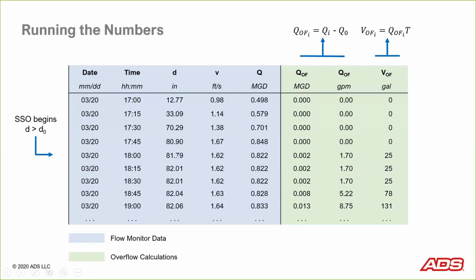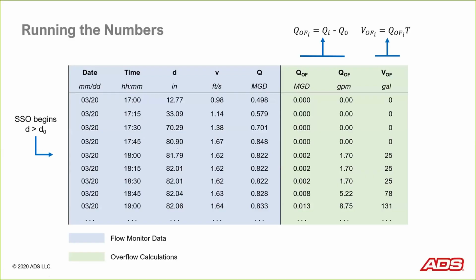Now, once I have that information, then I can do these additional calculations that are highlighted in green. And these are the overflow calculations. These are done separate and apart from the flow data. The first thing I do is calculate the overflow rate at each time step. All I'm doing here is taking this measured flow rate and subtracting out the flow rate at the onset of overflow.